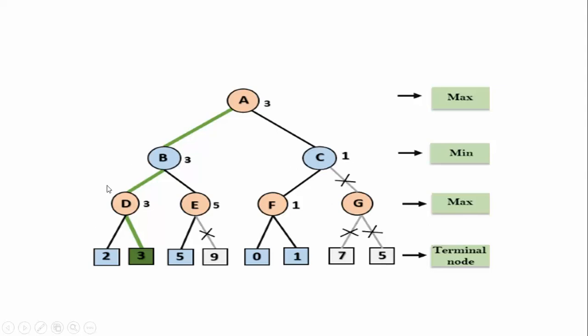Copying the node values to the upper nodes, 3 is here. Among 3 and 1, which one is maximum? 3 is the maximum. So our final conclusion, who will win the game? The alpha maximizer will win the game. If I am getting 1 here, who will win the game? The minimizer will win the game.